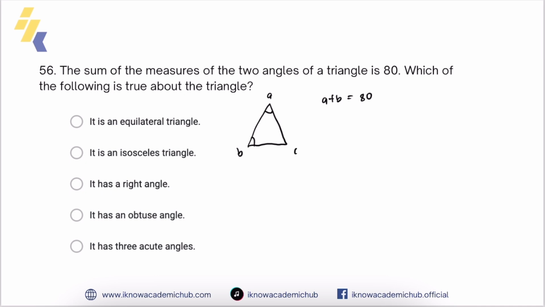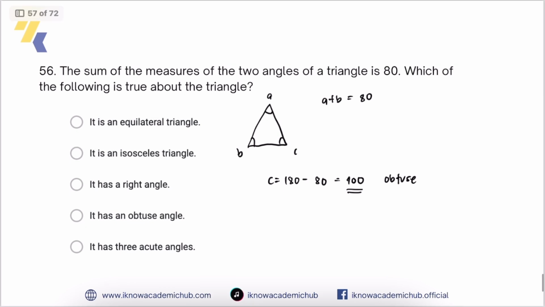Meaning to say, angle C is 180 minus 80, and that is 100 degrees. So 100 degrees is obtuse, meaning to say the triangle has an obtuse angle, and thus the correct answer.